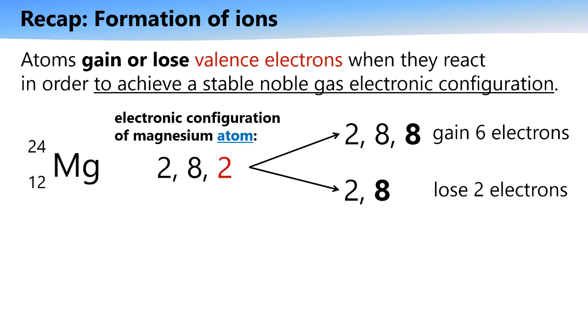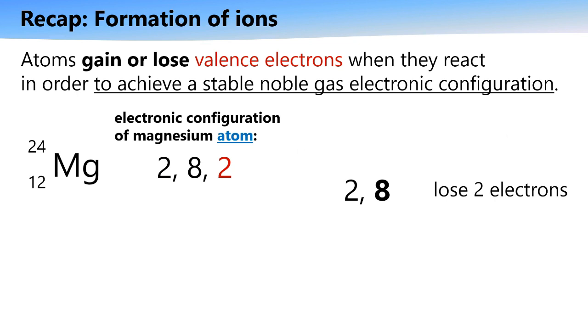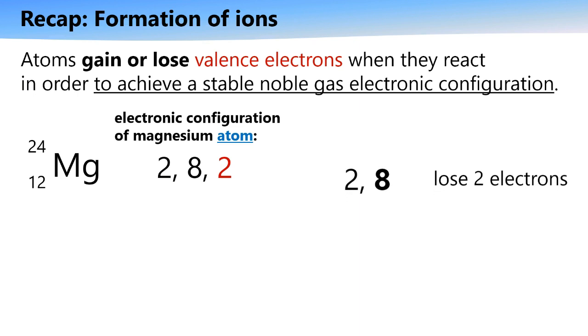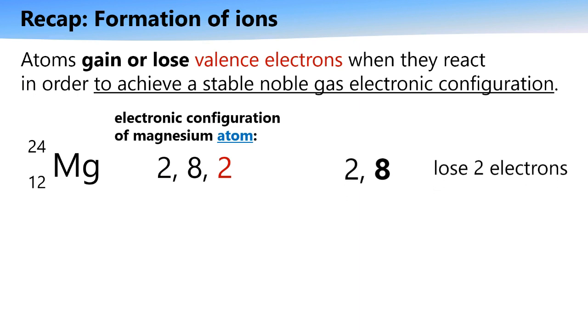So class, think about it. Which one do you think is easier? Gaining 6 electrons or losing 2 electrons? Losing 2 electrons would be easier. And that is what a magnesium atom undergoes when it becomes an ion. It will lose 2 electrons. So the electronic configuration of the magnesium ion would be 2,8.